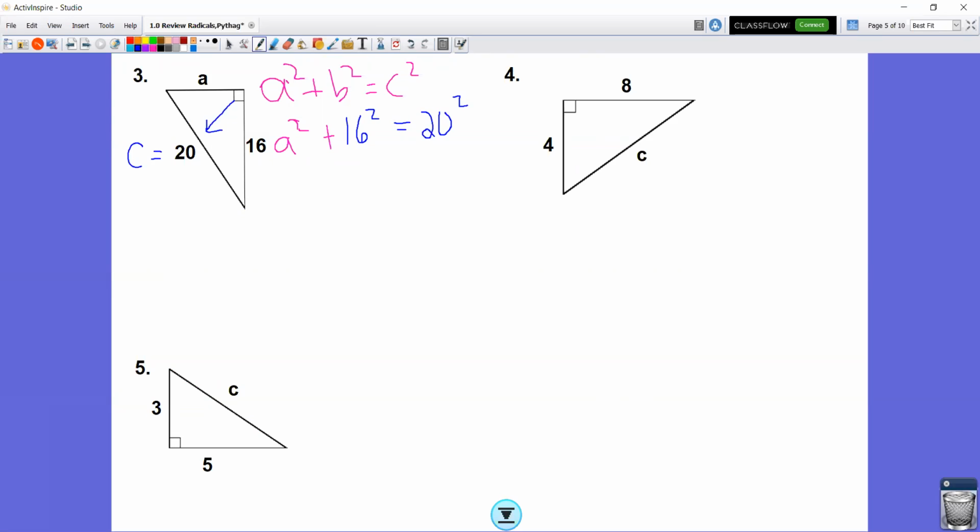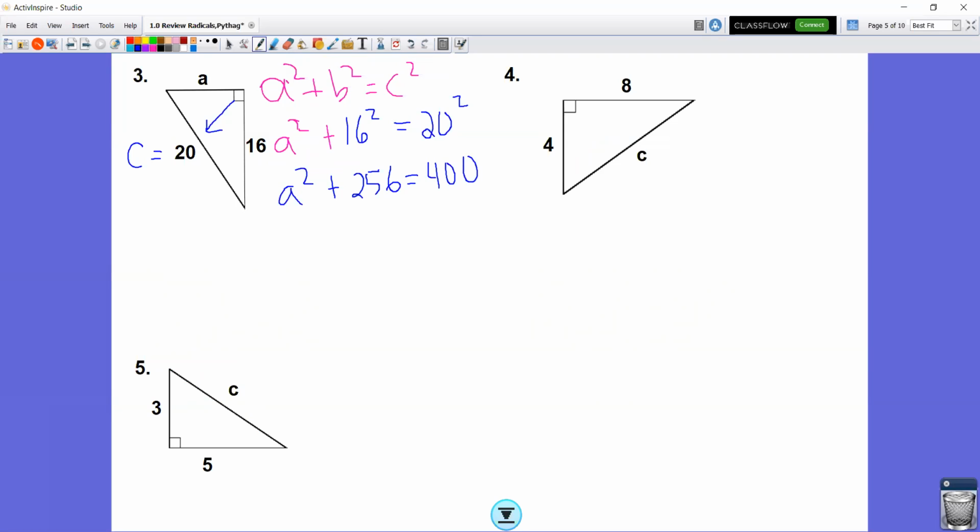All right, A squared plus 16 squared. 16 squared is 256. And 20 squared is 400. Now it's like a two-step equation, right?